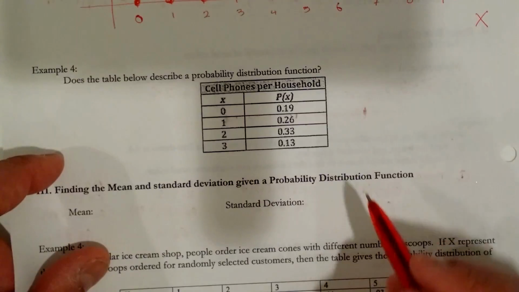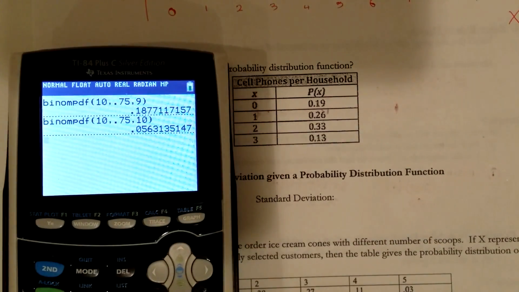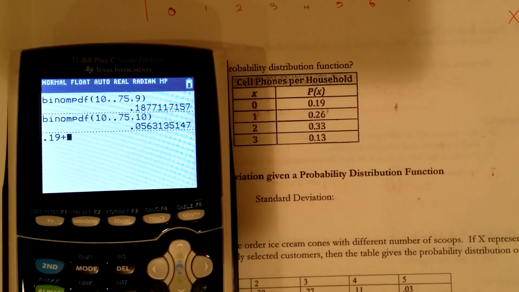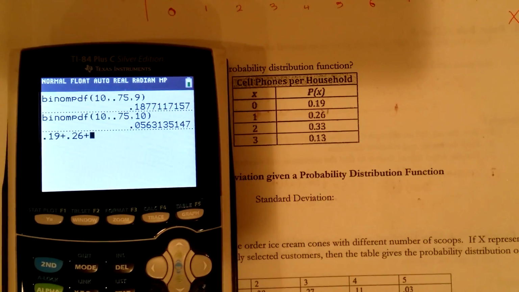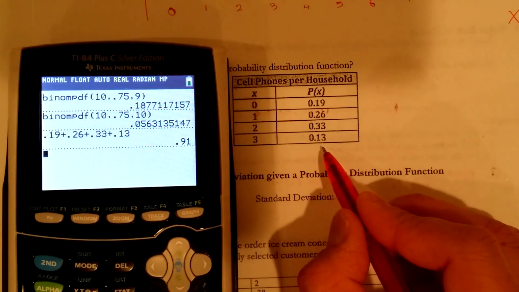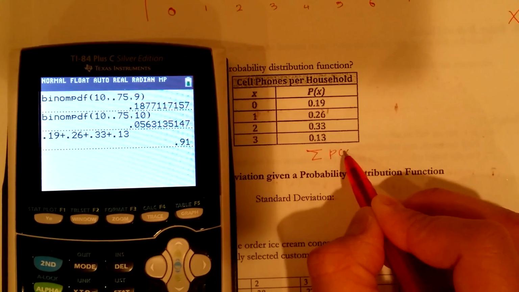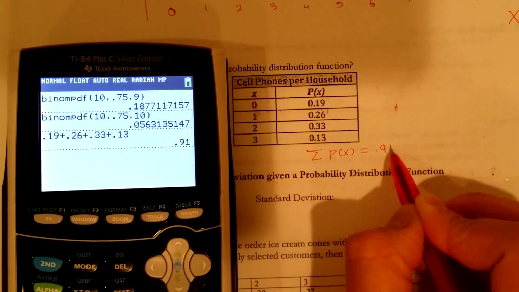So we add these up, and if it adds up to 1, then we say yes. If it doesn't add up to 1, then we say no. 0.19 plus 0.26 plus 0.33 plus 0.13 adds up to 0.91. So the sum of the probabilities equals 0.91.